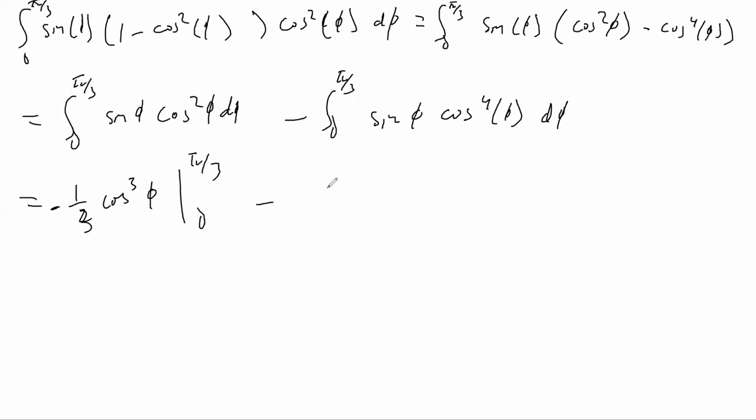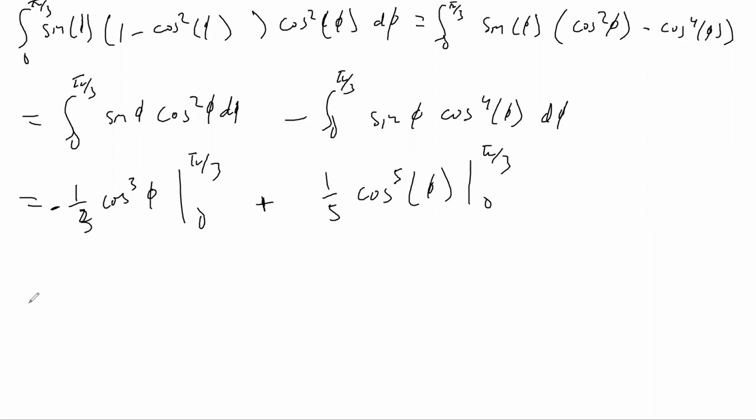And so that's going to be subtracted with U-sub again. That'll be 1/5 this time, and that should be a plus, of cosine to the fifth of phi from 0 to pi over 3. Okay, and if you derive this, it's going to be cosine to the power of 4, sine. Yep, that works out.